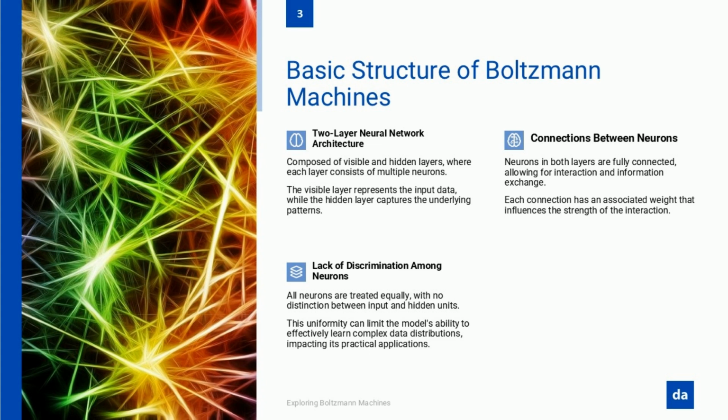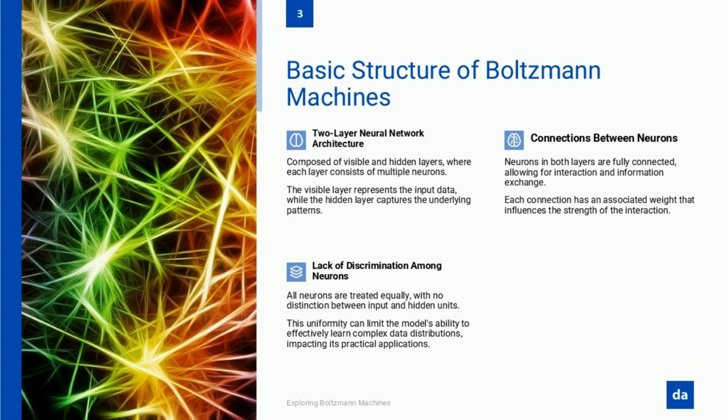Every neuron in the network is connected to every other neuron, and these connections are bidirectional. This means information isn't just moving forward like in a feed-forward neural network, it's constantly flowing back and forth, adjusting and refining itself. Think of it like a group of people having a conversation where everyone is talking to everyone else, exchanging ideas until they reach a consensus.